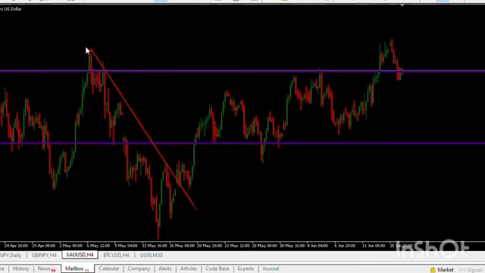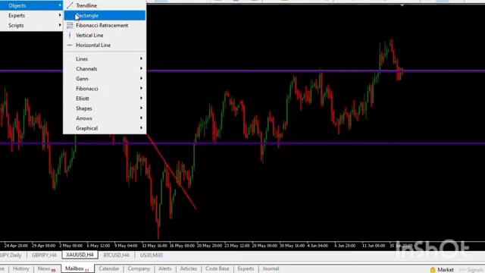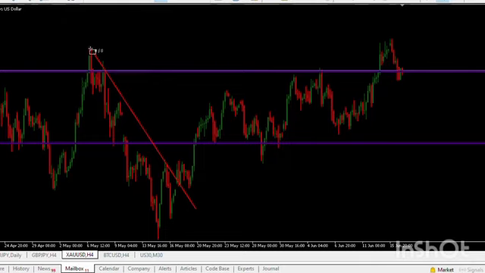Now, at this very level, what happened? Our trend has broken. This trend was really valid because we can see our touches here. We could see very clearly, there was one touch here, there was another touch here, and at the tip, there was another touch here.